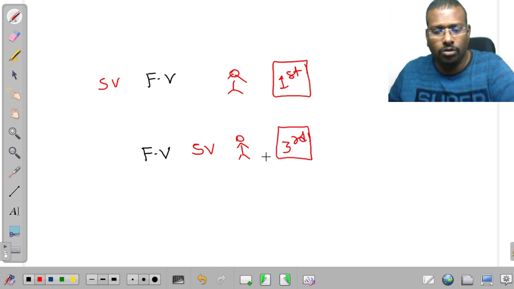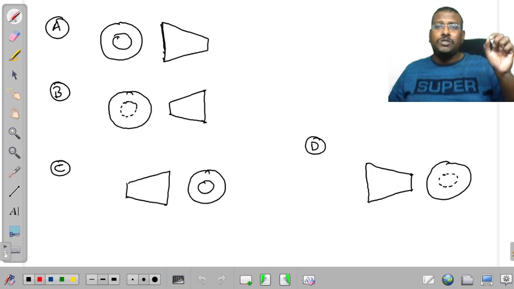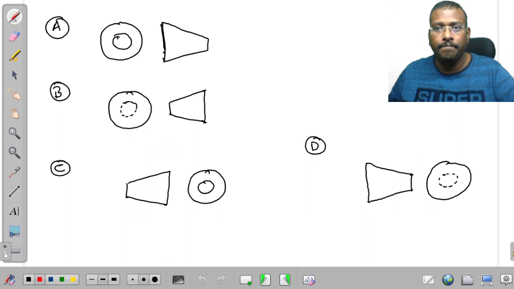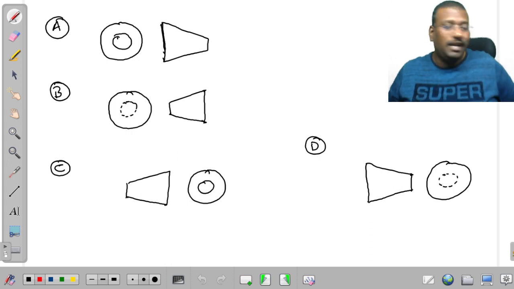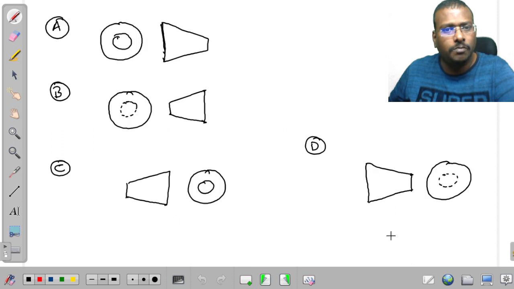Okay, we will check it out. Sir, here how do we know on which side the observer is present? It depends on this statement. If the inside circle is dark, then he has to be considered on the smaller side. If the inside circle is dotted, he has to be placed on the larger side. That's all. So just observe here.